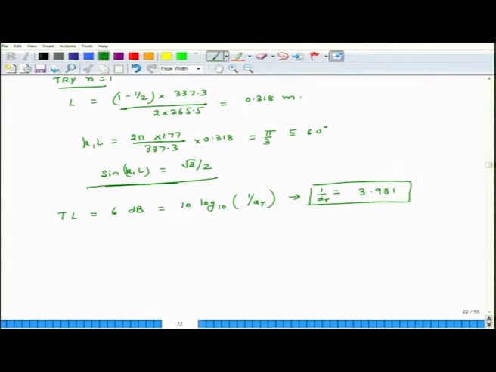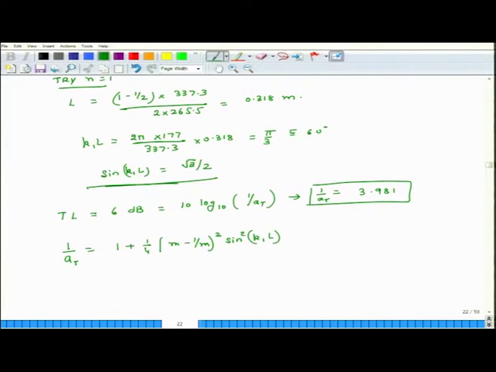So, for this value of 1 over alpha, I now compute the aspect ratio, which is the value m. So, I know that 1 over alpha equals, we had the expression, 1 plus 1 by 4 into (m minus 1 by m) whole square sin square k1L.